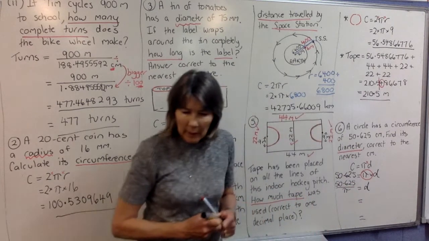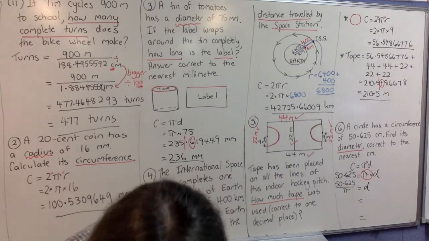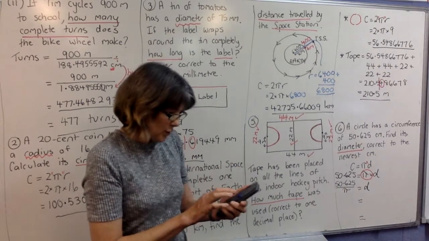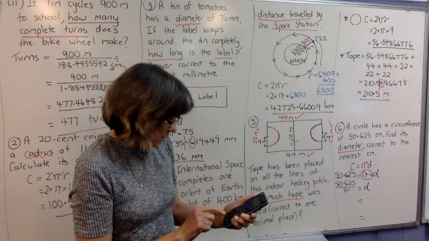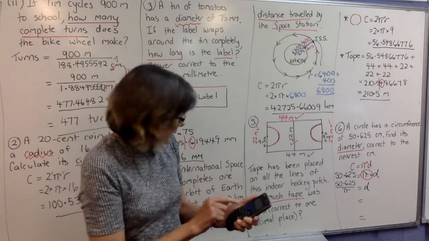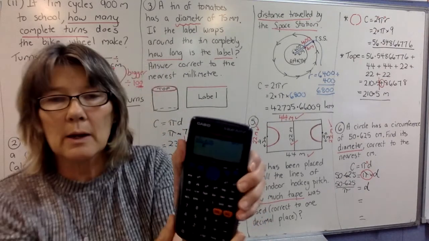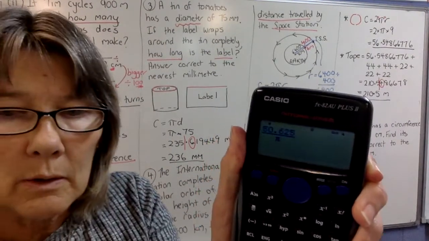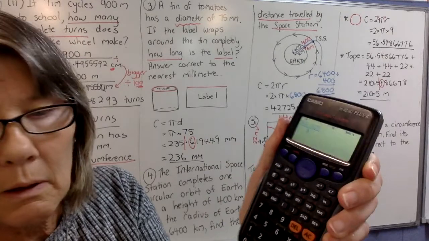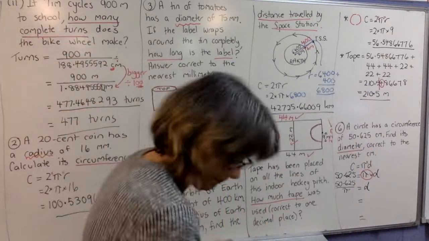Okay, so now we're going to go to the calculator and we're going to type in a fraction key, 50.625, down arrow, and then we're going to put shift pi down there. So it looks like that, and then press equals and write down what you're getting.